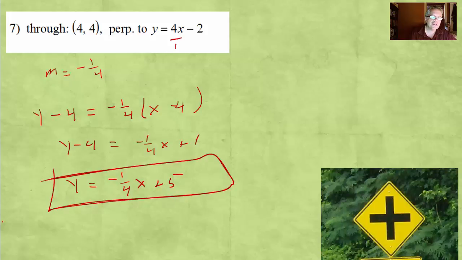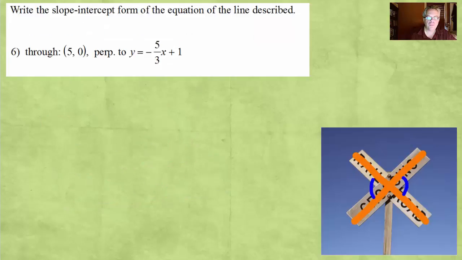Okay, one last example. Same kind of problem. And you can see how point-slope form is kind of nice, because this is what we have. We have a point, and we get the slope from here. So the slope for our line, since it's perpendicular, is going to be the opposite reciprocal of this. So it's going to be positive. The reciprocal of 5/3 is 3/5.